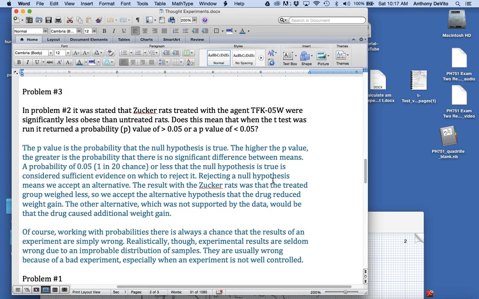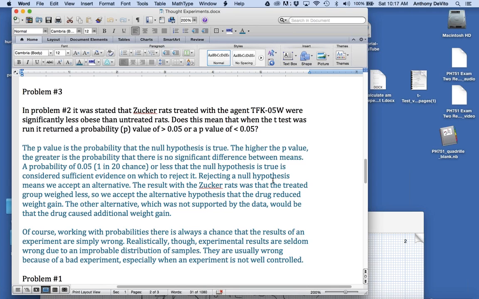In other words, after the year, they had lost a lot of weight. So we know that after the study was done, there had been some weight loss. Now, does that mean that the t-test returned a probability value of greater than 0.05 or less than 0.05?